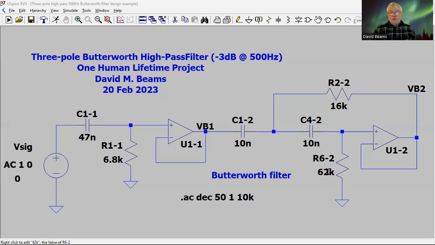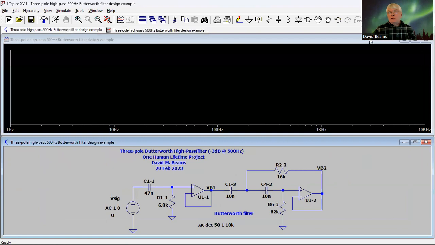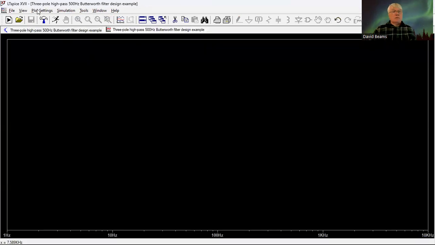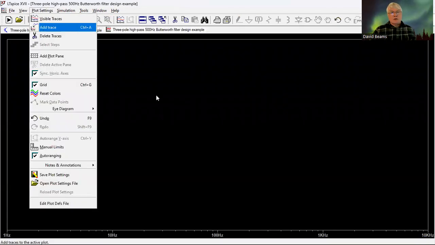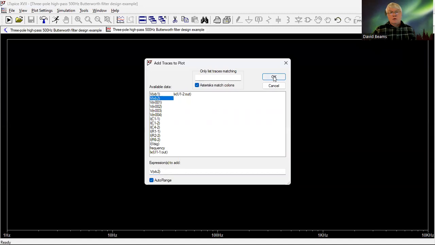And 63.7 K was replaced by a standard value of 62 K. Let's run it. Maximize plot settings, add trace VB2.